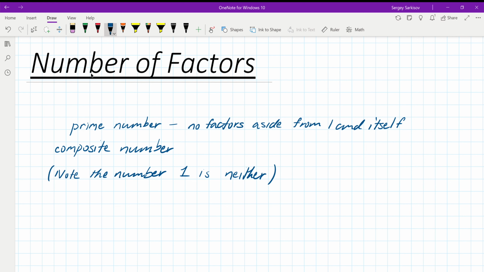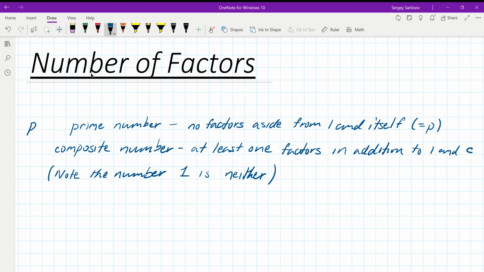So a prime number has no factors aside from itself and 1, and a composite number has at least one factor other than, in addition to, 1 and itself. So P for prime, C for composite, and of course 1 for just a 1.